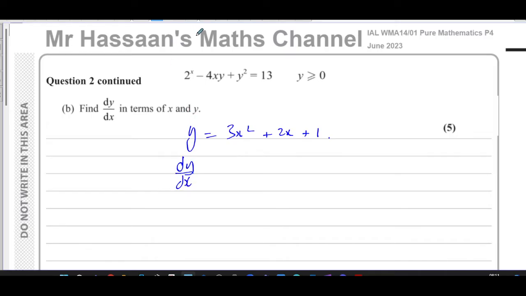So what I've done here is I have differentiated this side with respect to x, and I'm also going to differentiate all of this side with respect to x. What I've done to one side of the equation, I've done exactly the same thing to the other side. If you differentiate y with respect to x, we end up with dy dx.